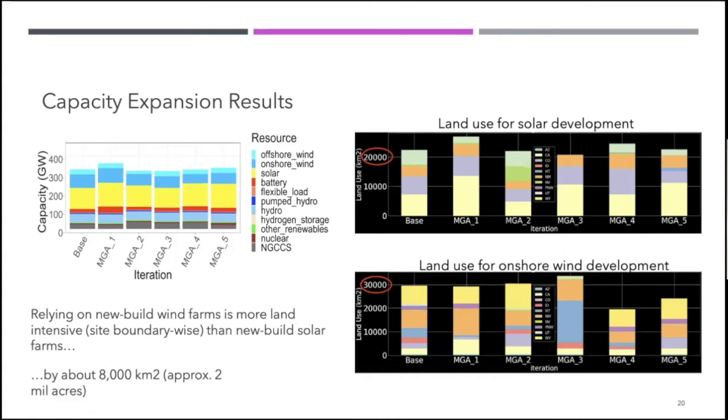But one thing to note here is that if we just consider the footprint, then out of this area, for solar PV, we almost need 90% of the area, 91% of the area, as the footprint of new solar PV capacity. But for onshore wind development, we only need 1% of the total area as the footprint of the wind turbines, right?